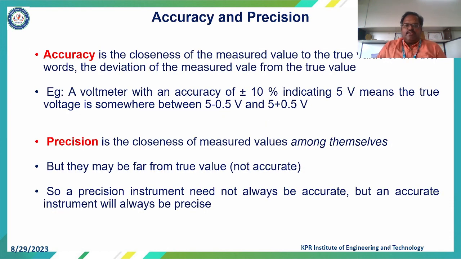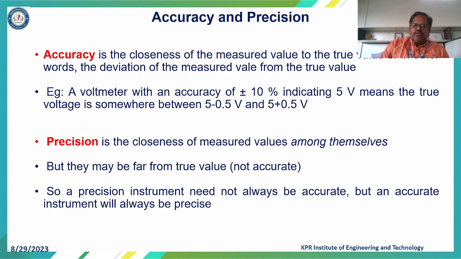Accuracy is the closeness of the measured value to the true value. If you are striking a particular point, the accuracy should be greater. For example, a voltmeter with an accuracy rating of plus or minus 10 percent means the values may increase or decrease by 10 percent.